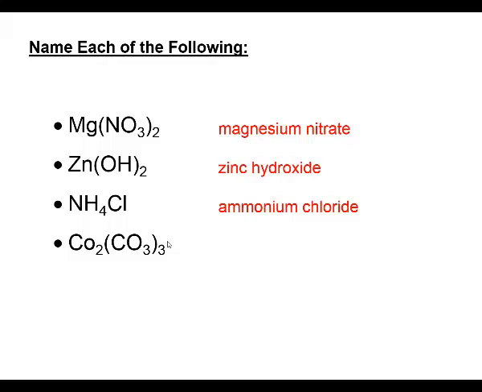Now, if I have a -6 total for the 3 carbonates, well then all of my metal cations must add up to a +6, so everything adds up to 0 combined. So the cobalt cation must have a +3 charge, and there must be 2 of them here. That's why there's a subscript 2 after cobalt. Since there's a variety of charge states, we need to use Roman numerals, so I could call this the cobalt(III) carbonate. Cobalt(III) carbonate.